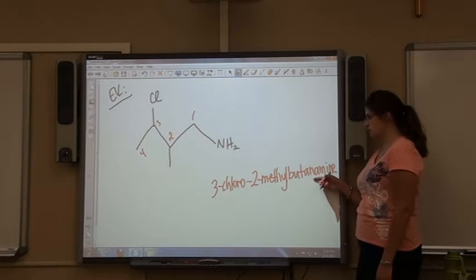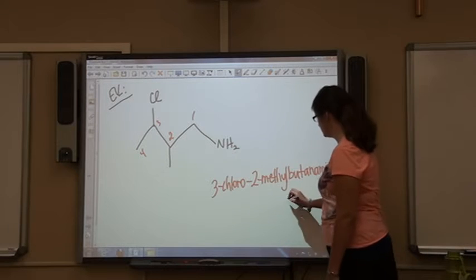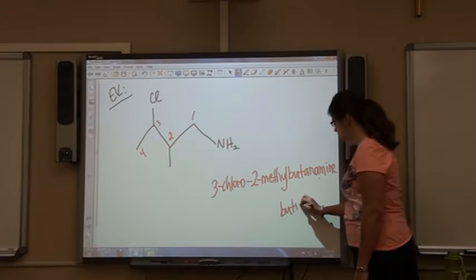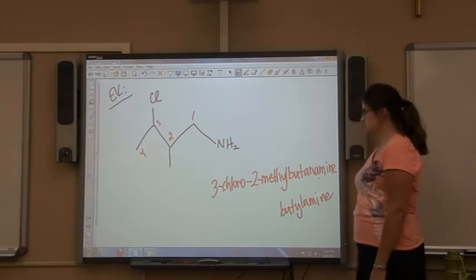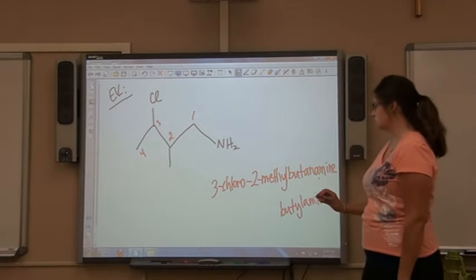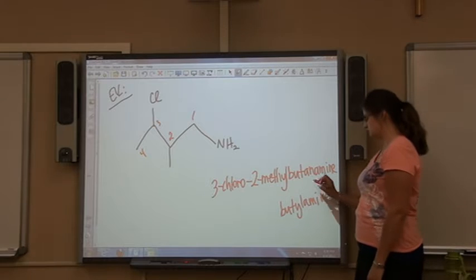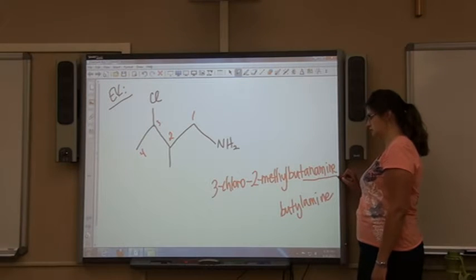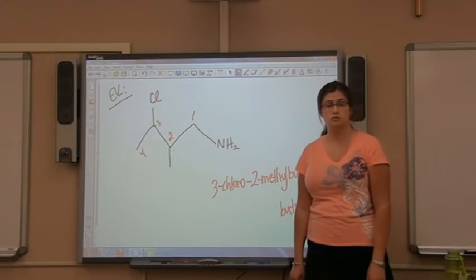Because this is sort of complicated to say with the butanamine, a lot of times you'll see it written like this, butylamine. Either way is actually correct. So you could say 3-chloro 2-methyl butylamine, and that would be as correct as writing butanamine. That convention is completely up to you, and you can use either one if you want.